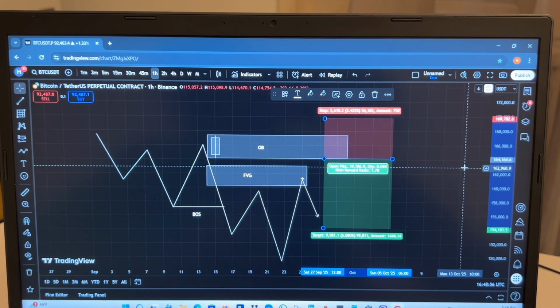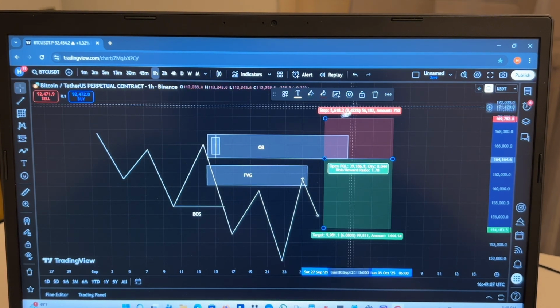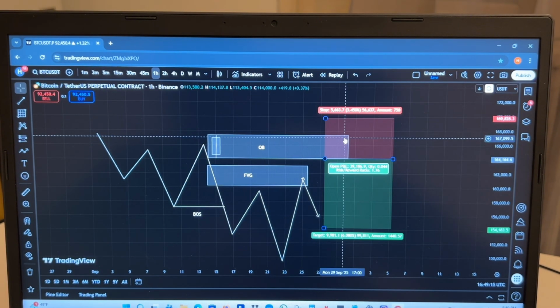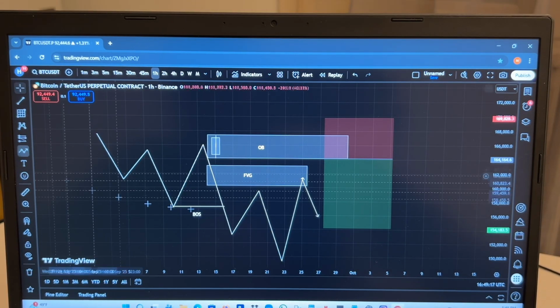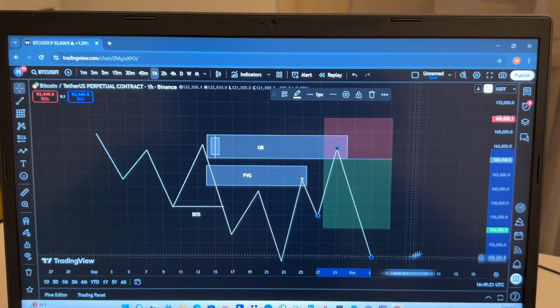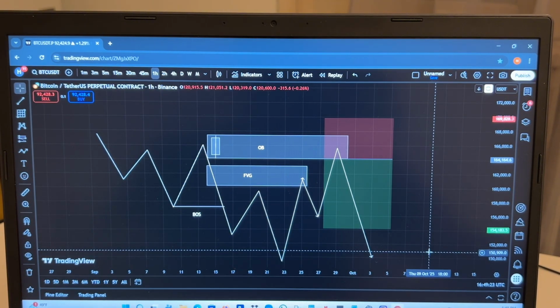We are not trying to make big money, we are trying to play the market and go with the flow, right? This is an extreme setup, a good setup. If you catch it right, you can actually make a good amount of money. So give it some space, and let the market play out. What the market's going to do is go for this order block, and there you go. That's what it's going to do.